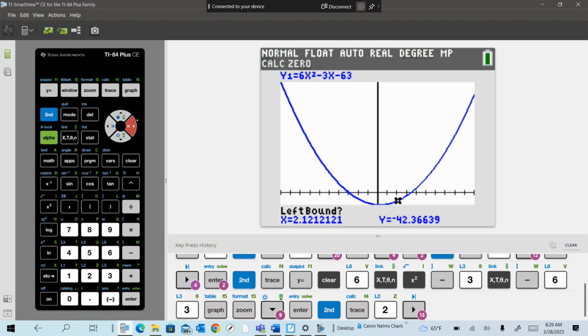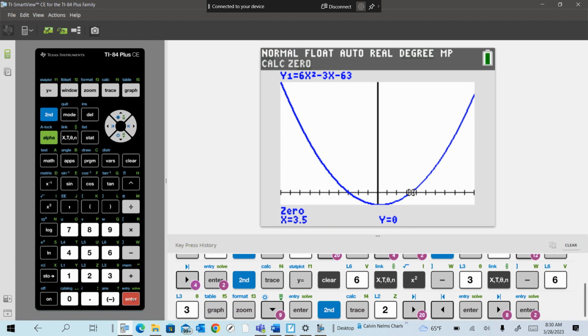So left of the solution means on the right side, I need to be a little below the x-axis. Hit enter, and then put the next one a little above. Right there. Hit enter again. There it is, 3.5. Okay.